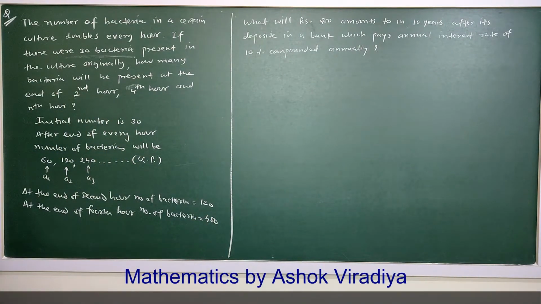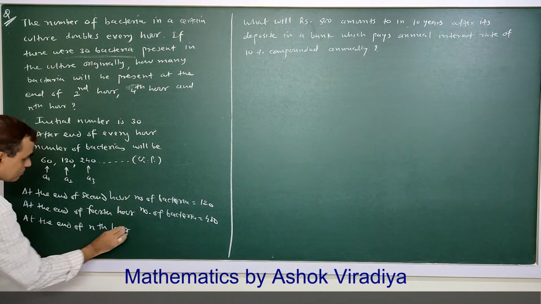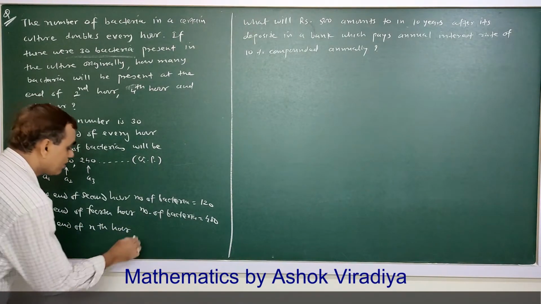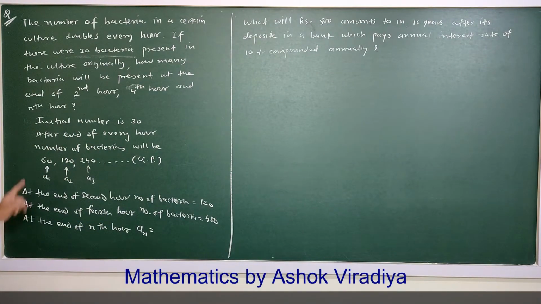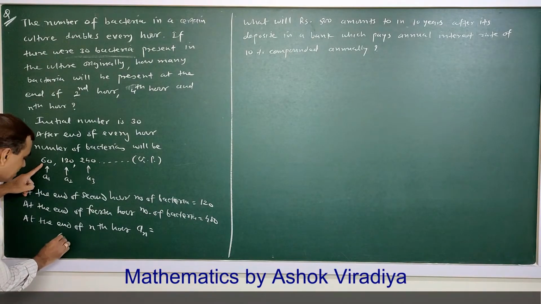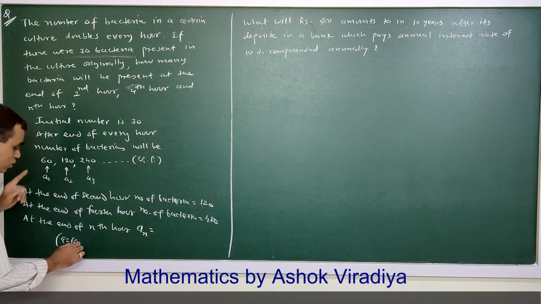And at the end of nth hour, that is En equal to, say look here, first term is 60, A is 60, ratio is 2.